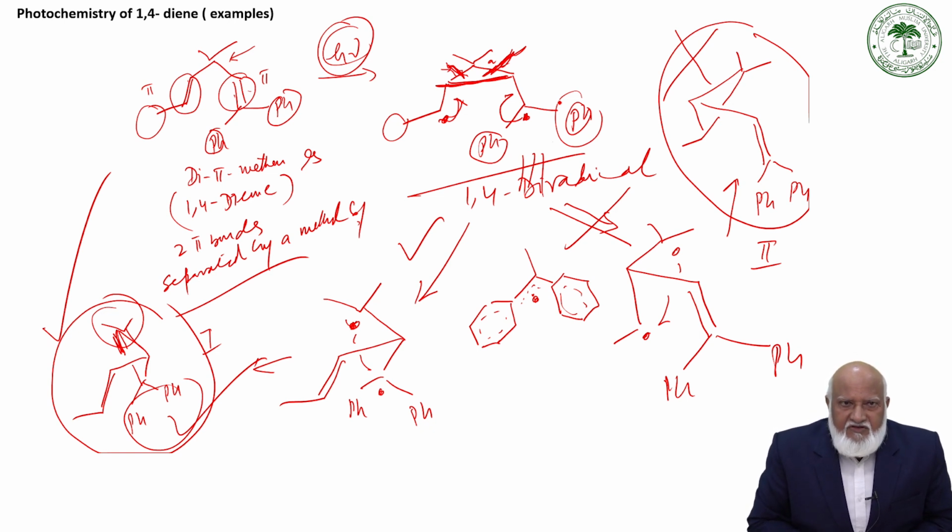These two double bonds are unsymmetrical and separated by a methylene group, and they are set for di-pi-methane rearrangement under photolytic conditions.